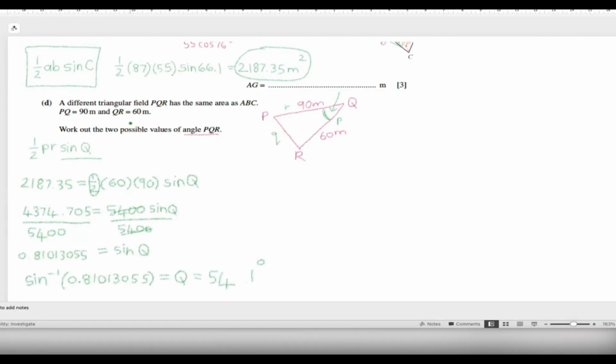Now, they ask for two possible values of this angle. The other possible value will, of course, be 180 degrees minus this value of 54.1, and that gives us 125.9 degrees. So here are your two possible values for the angle PQR.